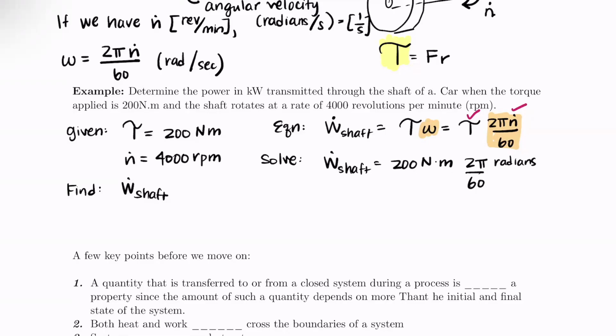And then 60 is seconds, right? And then we're going to multiply by n dot, which is 4,000 revolutions per minute.